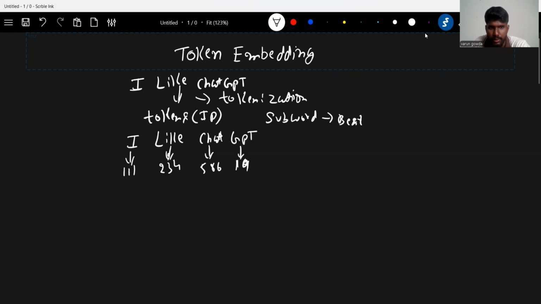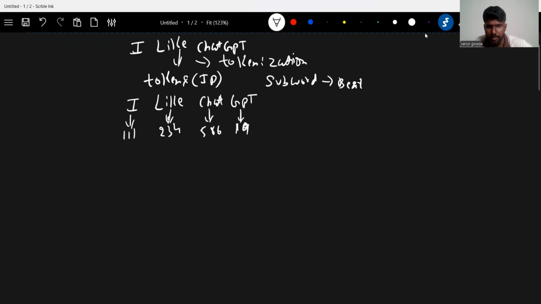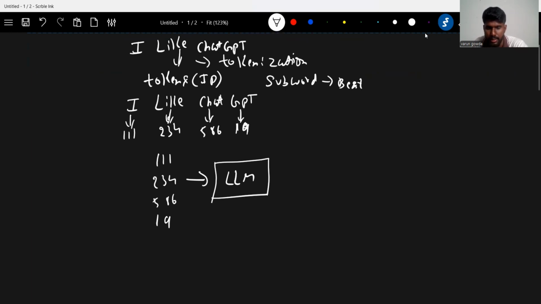Now we are able to convert words in the input sentence to numbers, because before feeding this input sentence to the LLM model, we have to convert it to numbers. Let's say these token IDs, 111, 234, 586, and 19, are fed to the LLM model for training or inference.